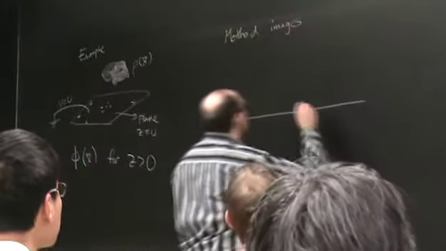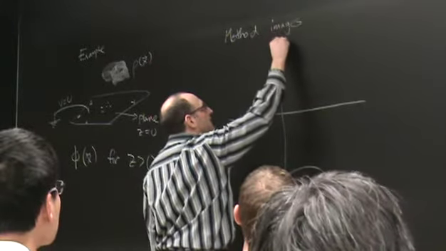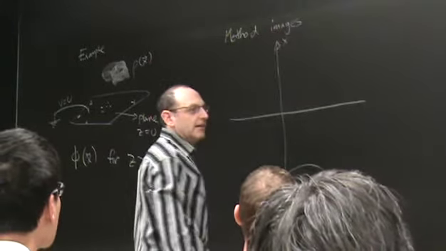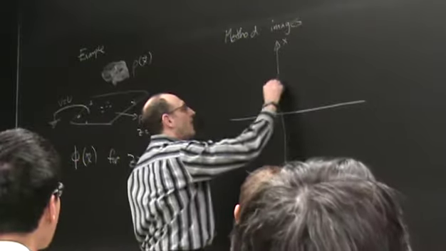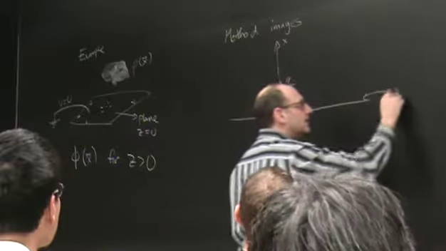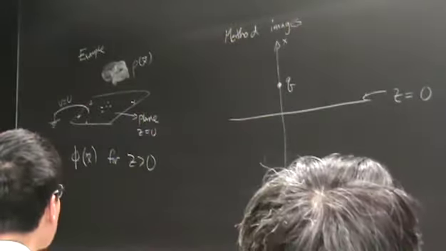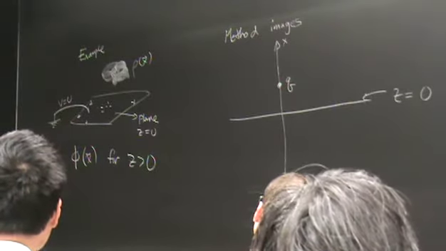So here's the x-axis. Here's the point charge. Here's my conducting plane. And I want to write down the solution for the point charge.